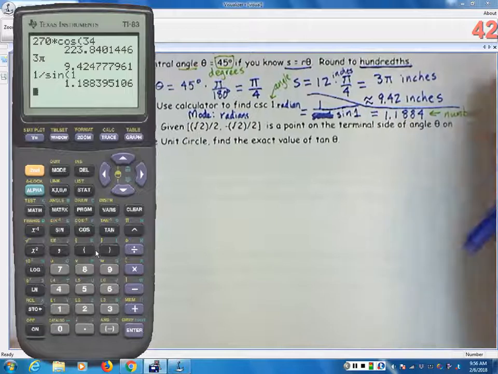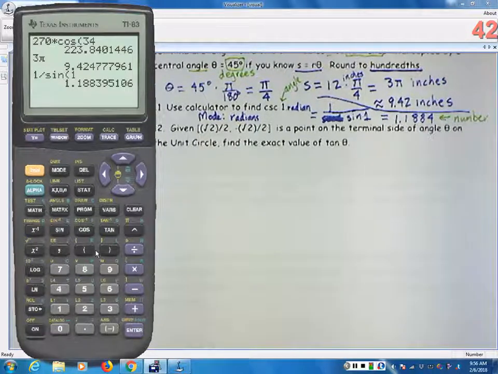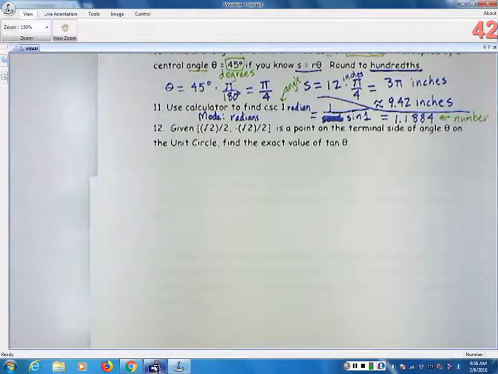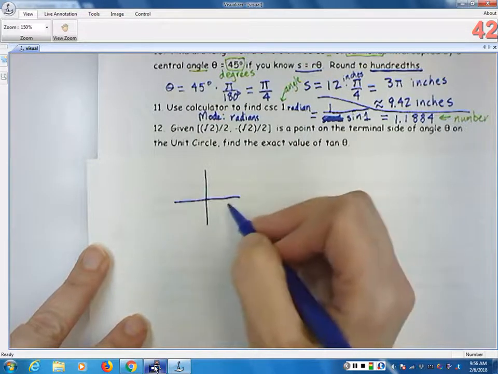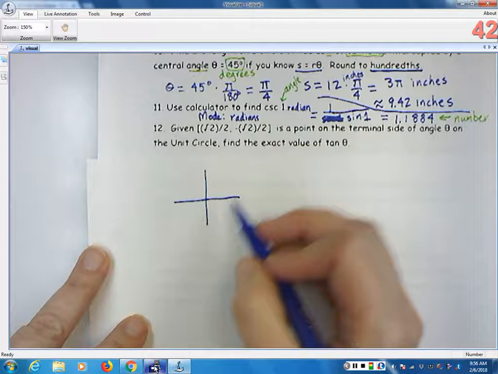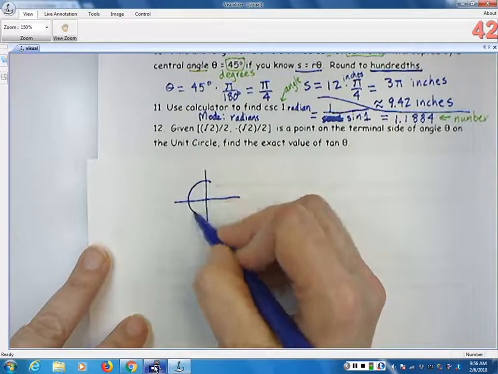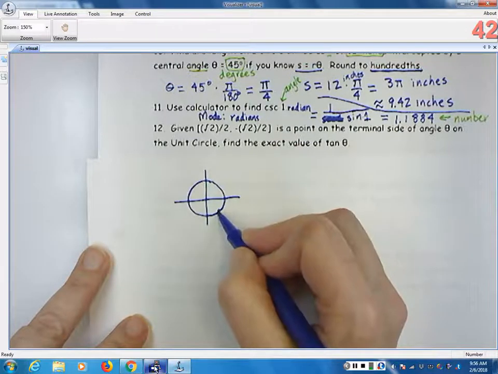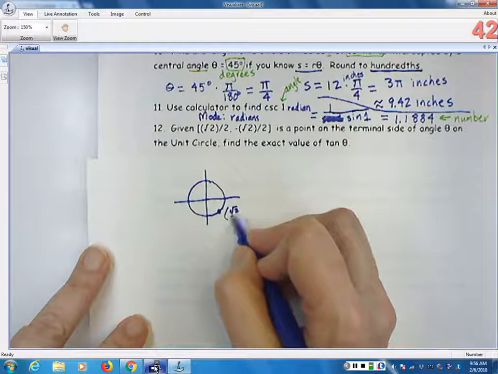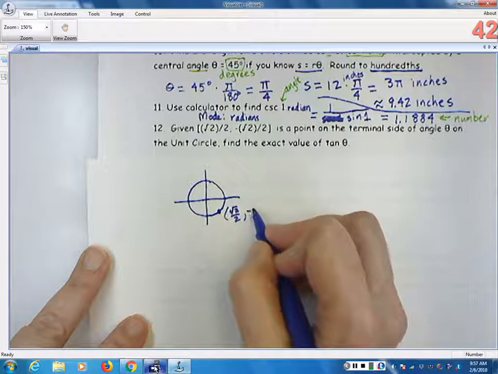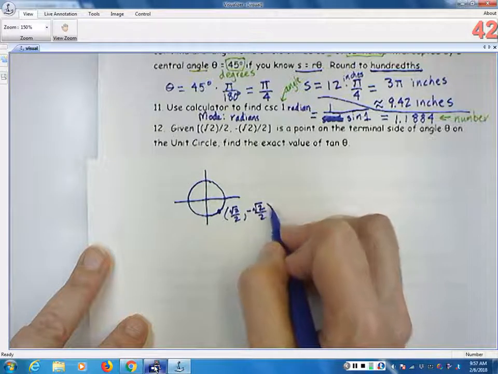Okay, and this is the unit circle problem. You get to use the unit circle. You've got your unit circle, and it's telling you, and you'll be able to find this point here, square root of 2 over 2, negative square root of 2 over 2.